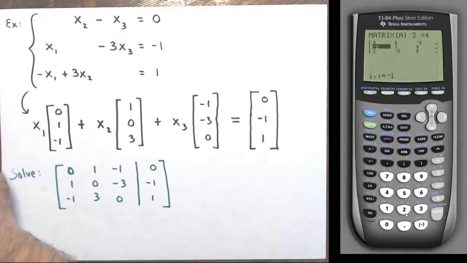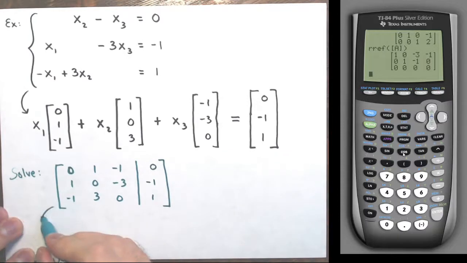There's the first row. 1, 0, negative 3, negative 1, sorry, second row. Then negative 1, 3, 0, and 1. All right, then I get out of this and do the entry thing again, just because I already have reduced row echelon form up there. And okay, now I'll write this down.